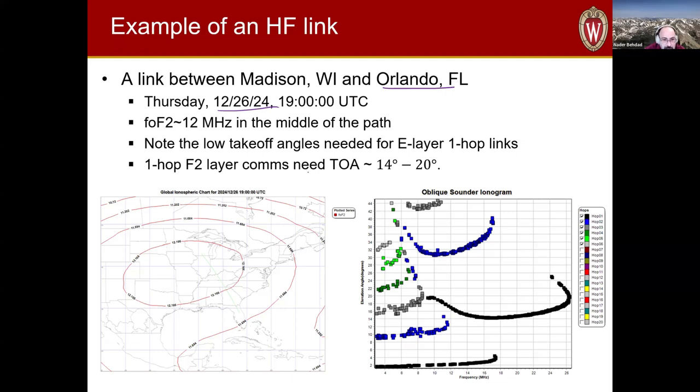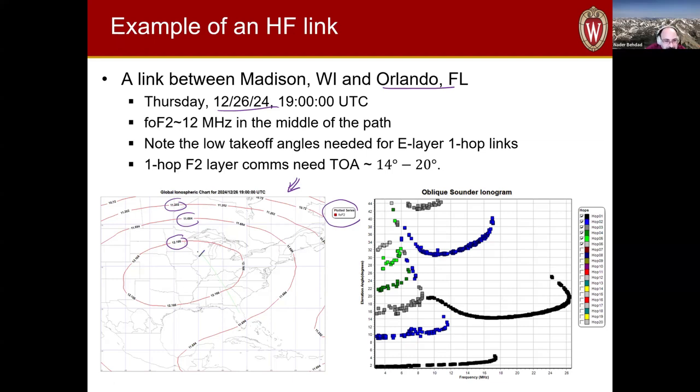What we're looking at here on the left-hand side is a section of the map of the United States, and these contours are showing the plasma frequency or the critical frequency of the F2 layer of the ionosphere. Notice, for example, these numbers: 12, 11, 11.2, 11.7. These are the contours that tell us the plasma frequency of the F2 layer of the ionosphere.